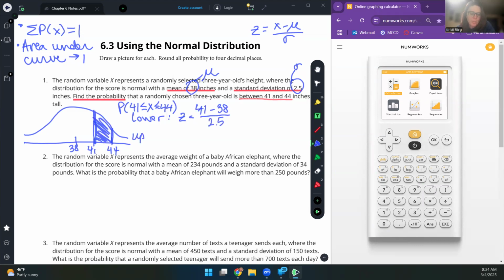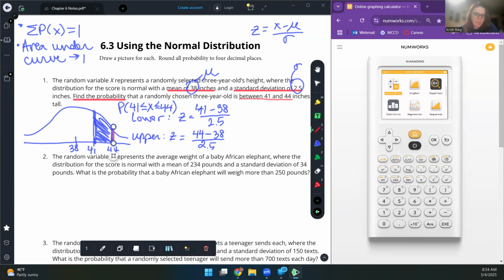And the upper z-score is going to be x for the upper end, which is 44, and then the same mu and the same standard deviation. So this is what I'm calling my upper, the higher bound, the 44, and this is what I'm calling my lower, the 41, the lower bound.